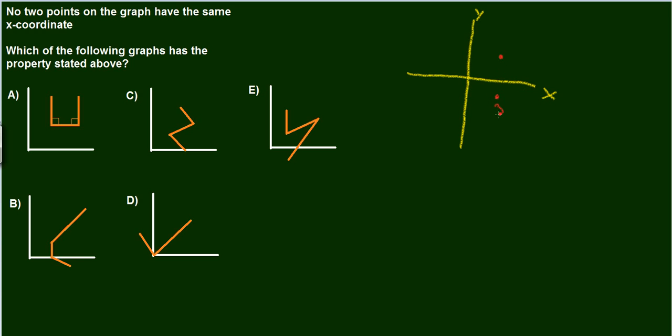Let's say this is 3 and some y value, and then this is 3 and some other y value, y prime. You see how they're both the same distance away from the origin on the x-axis, therefore they have the same x value. So we're looking for something that is not like this. So let's start looking at each graph we have. And I'll zoom in so we can get a better look at each one.